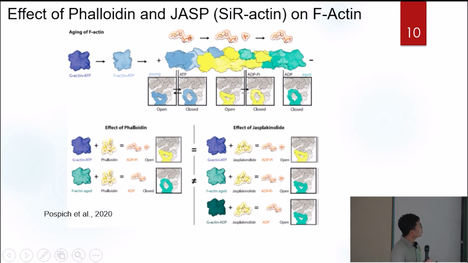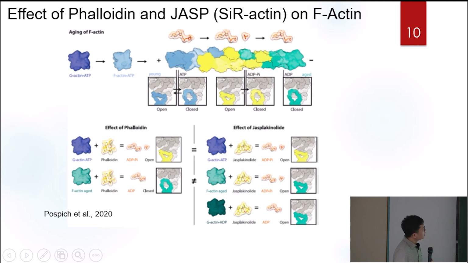So as I mentioned, ATP-bound actin will bind the plus end of the actin filament, and ADP-bound actin will dissociate from the actin filament. When ATP-bound actin binds to the plus end, it starts to hydrolyze ATP to ADP plus the phosphate group. And one structure in the actin will change, the so-called D loop.